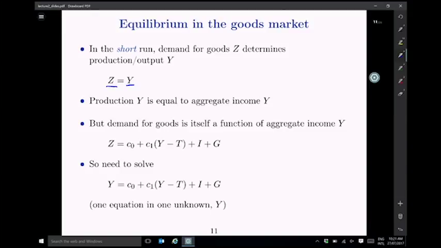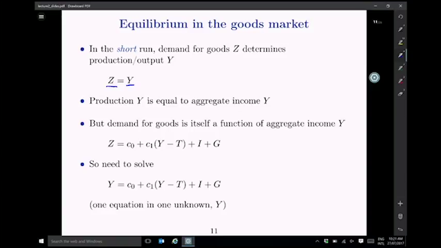The first important bit is the definition of aggregate demand. Z is the sum of C, I, and G, right? That's the first definition of aggregate demand. The second equation that's important for us is the consumption function. That's a behavioral assumption of consumption behavior. And the third important bit is what we call an equilibrium condition. That is, when the goods market is in equilibrium, aggregate demand determines aggregate output.